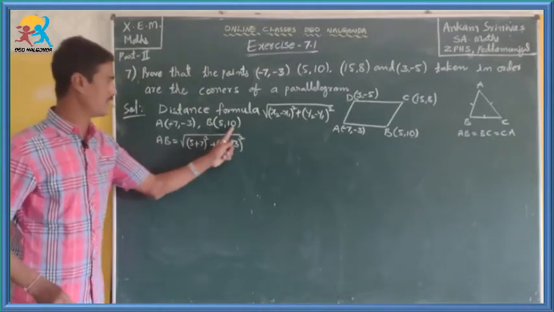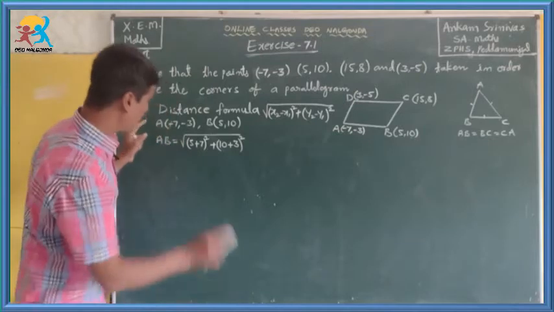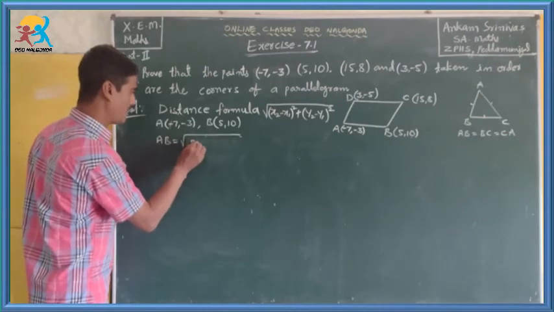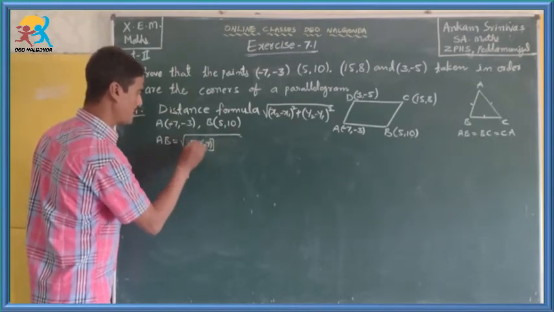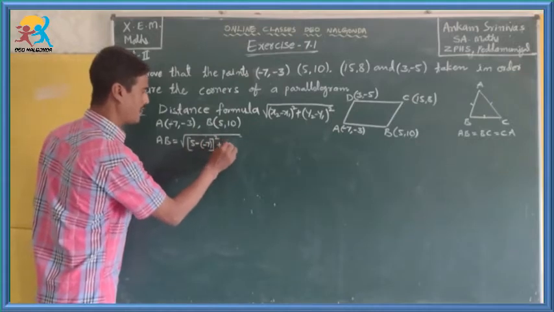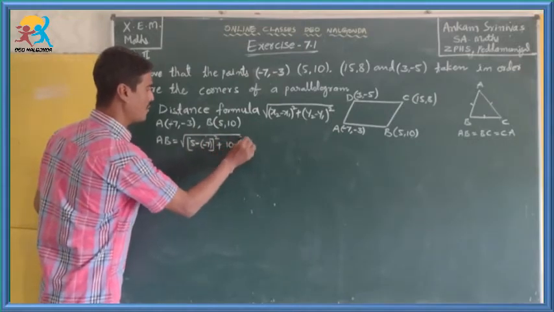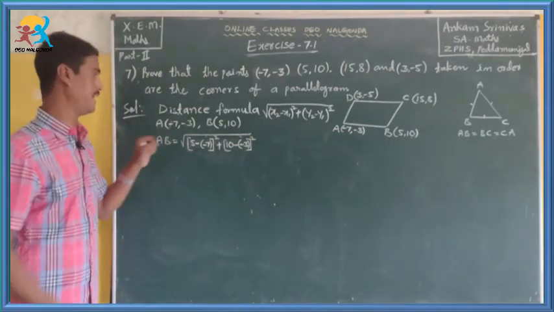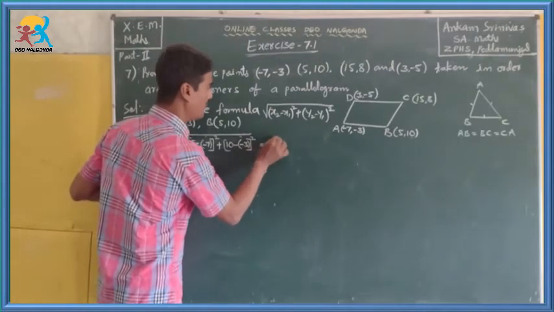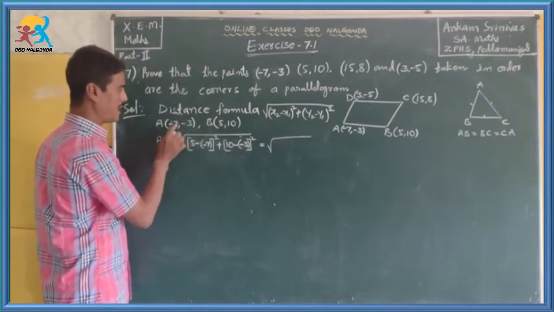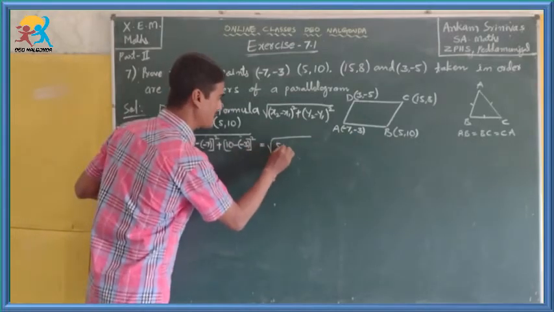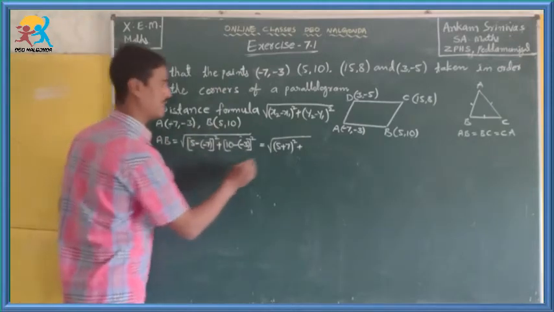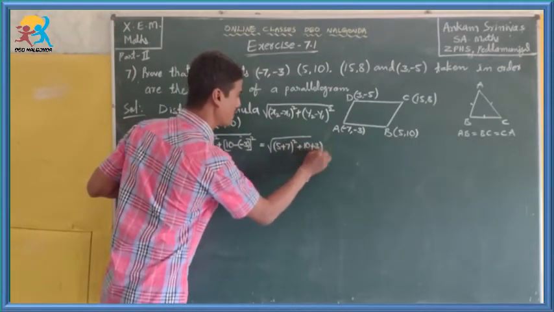Dear children, you can observe carefully, you can write clearly. To avoid more steps, you can write directly square root of 5 plus 7 whole square plus 10 plus 3 whole square.